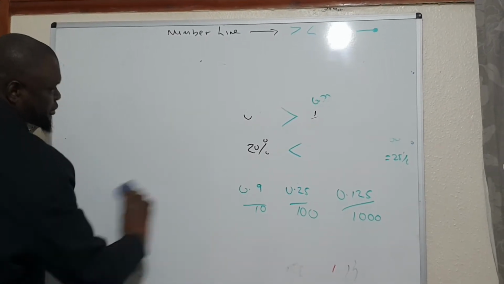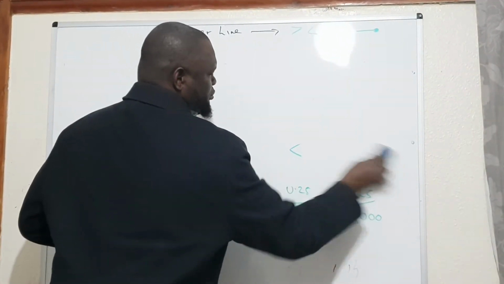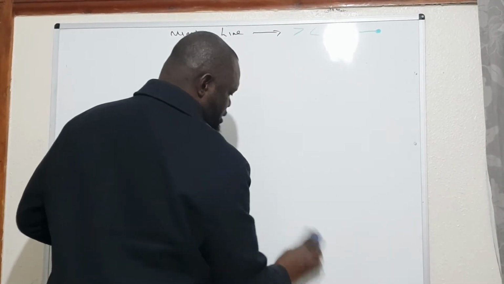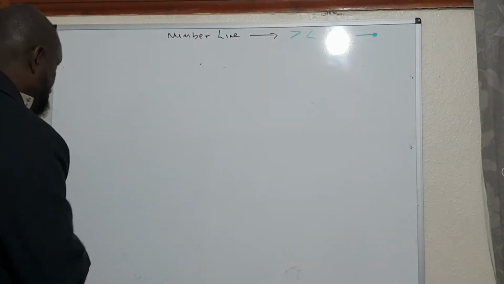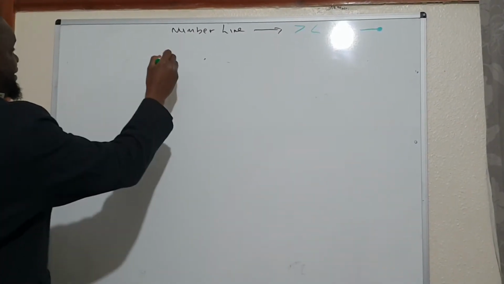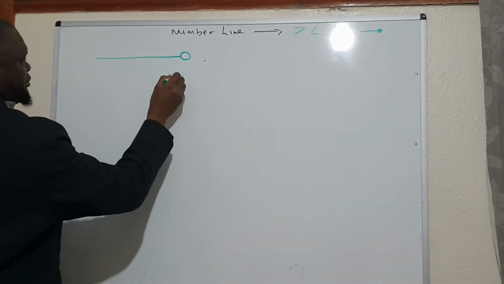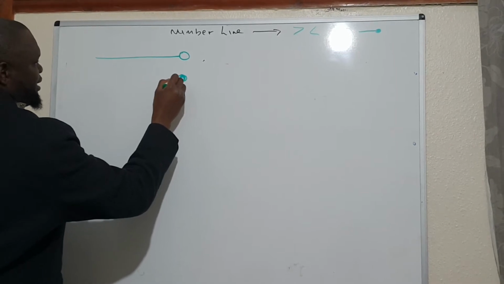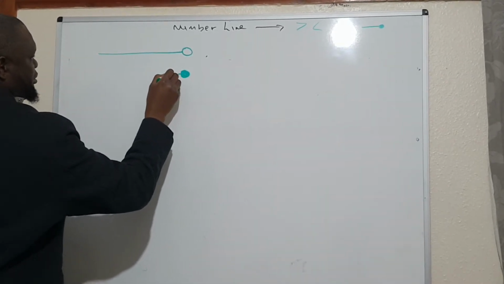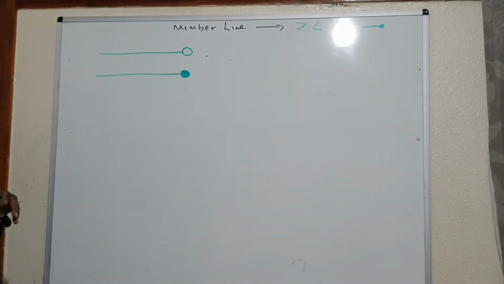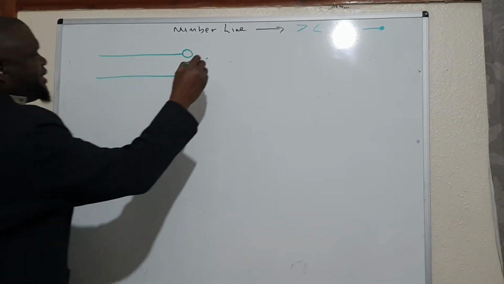Now, the number line symbols are this. This means less than.